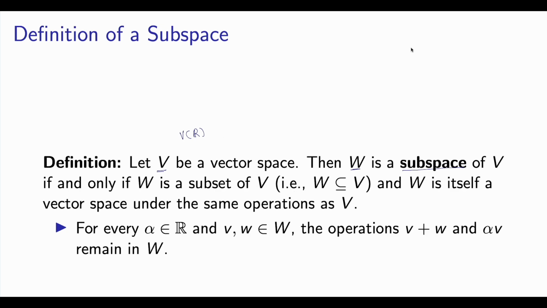If you have a vector space V over the real line R, W can be any subset of it first of all. So W must be a subset of V, and W is a vector space itself.